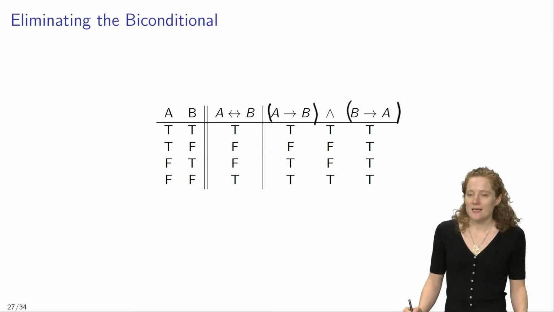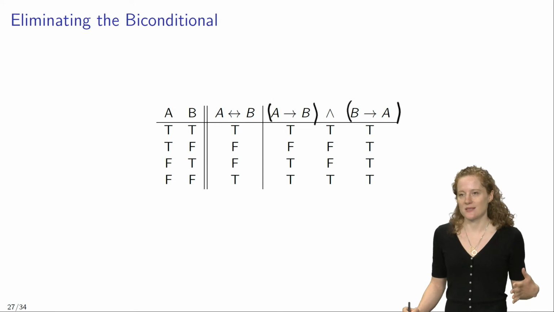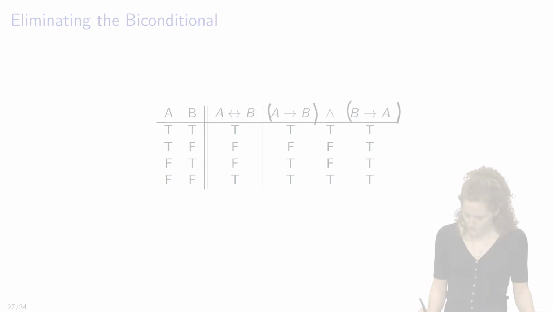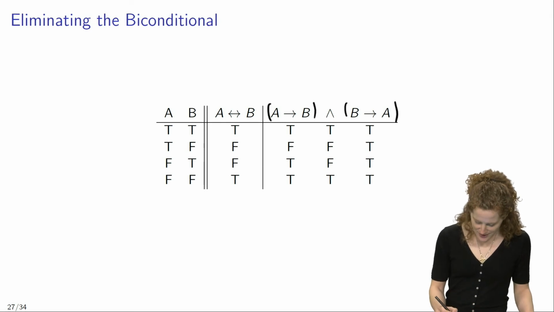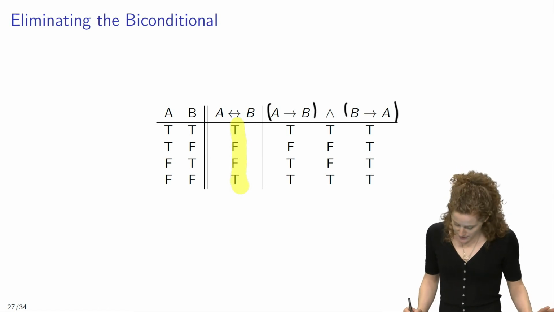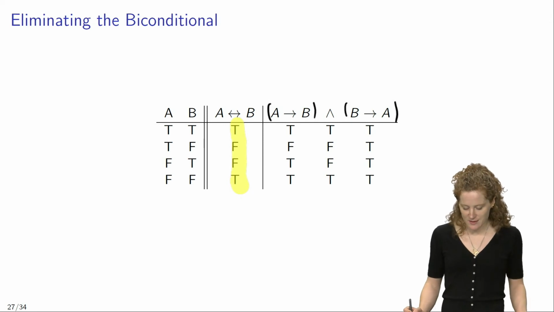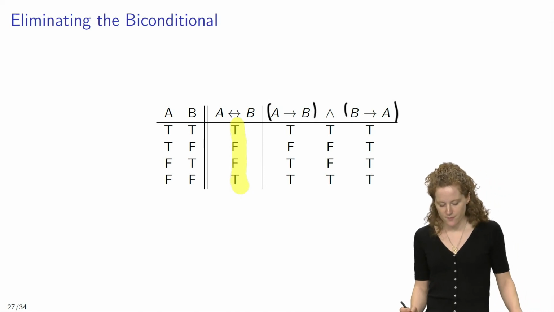Now we see that the column under the main connective of these 2 sentences exhibits the exact same pattern of T's and F's. The biconditional A if and only if B is true when both A and B are true, and it is also true when both A and B are false, and it is false if only one of the 2 sentences is true.